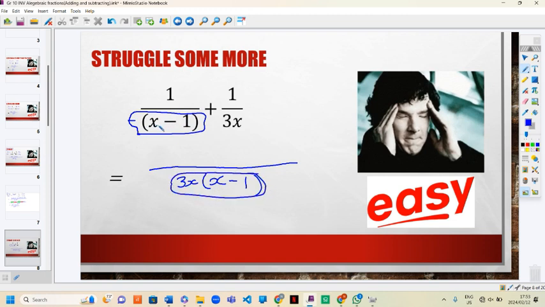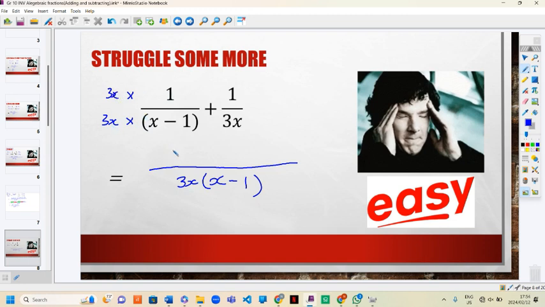Can you see that there's no 3x here, but there's a 3x here? So I'm going to multiply by whatever's missing. I'm going to multiply by 3x because that was what was missing here. What I do at the bottom, I do at the top.